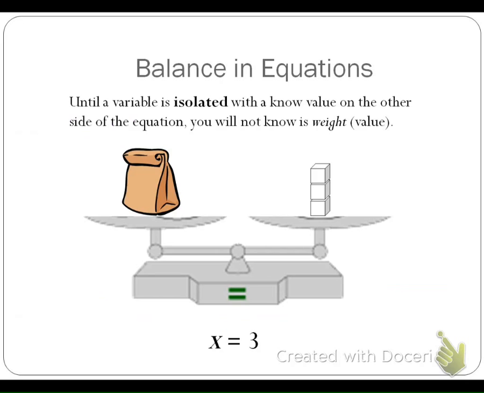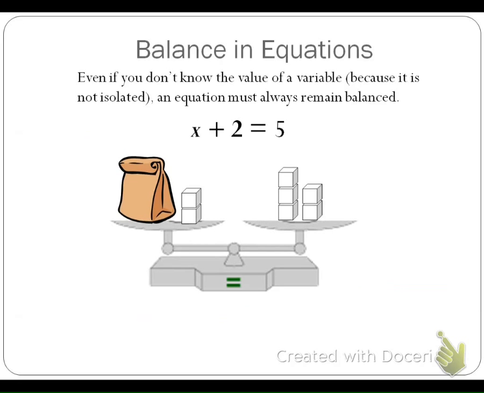Until a variable is isolated with the known value on the other side, you won't know its weight if you're thinking of a scale. You see on the scale how we have our variable on the left and some blocks on the right. We know how much the blocks are. They're 1 each. So in this case, our variable x is equal to 3. We know its value.